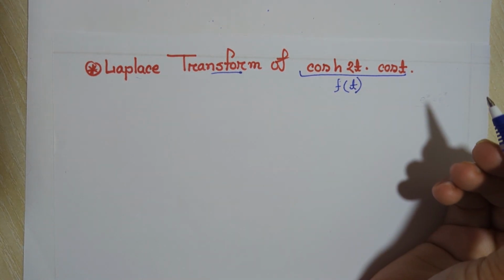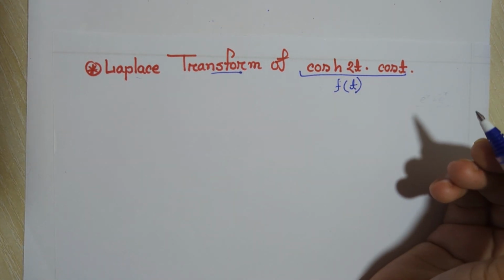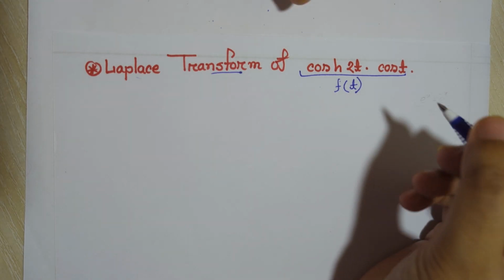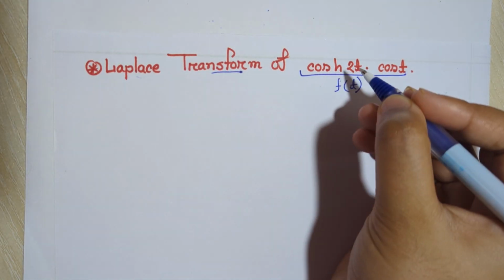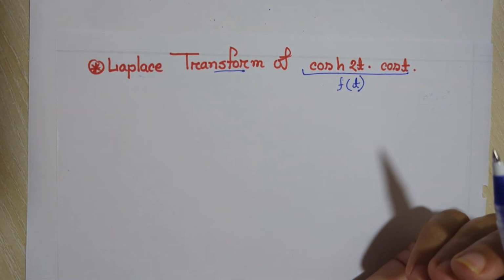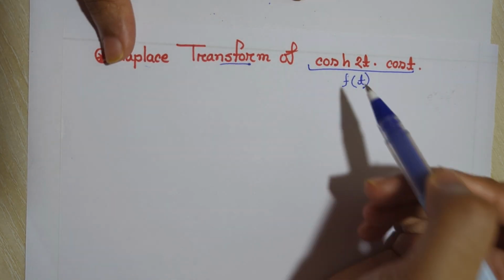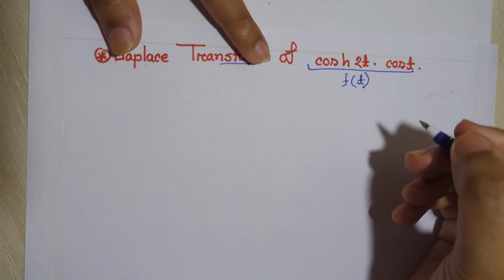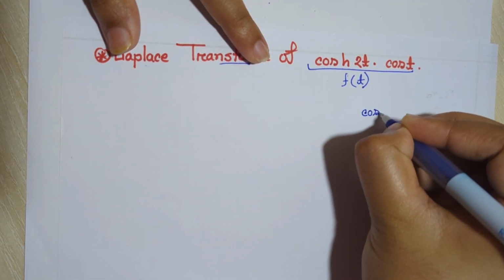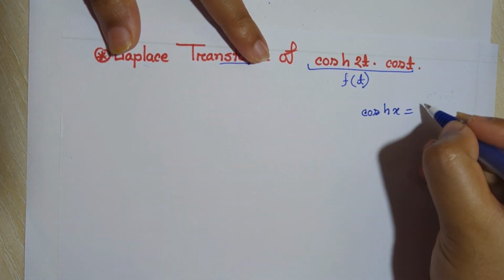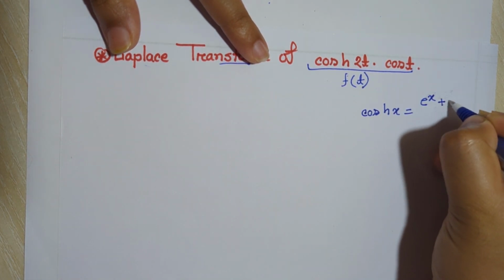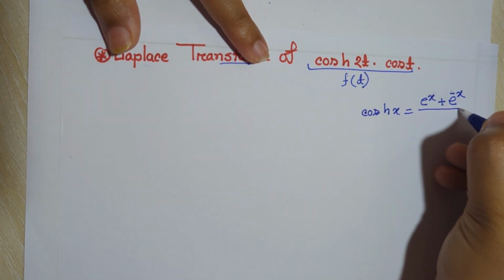But here we can't see any exponential function. But if we think that this is our hyperbolic function, cos h t, we can break this hyperbolic function into exponential functions. We know that cos h x equals e to the power x plus e to the power minus x divided by 2.